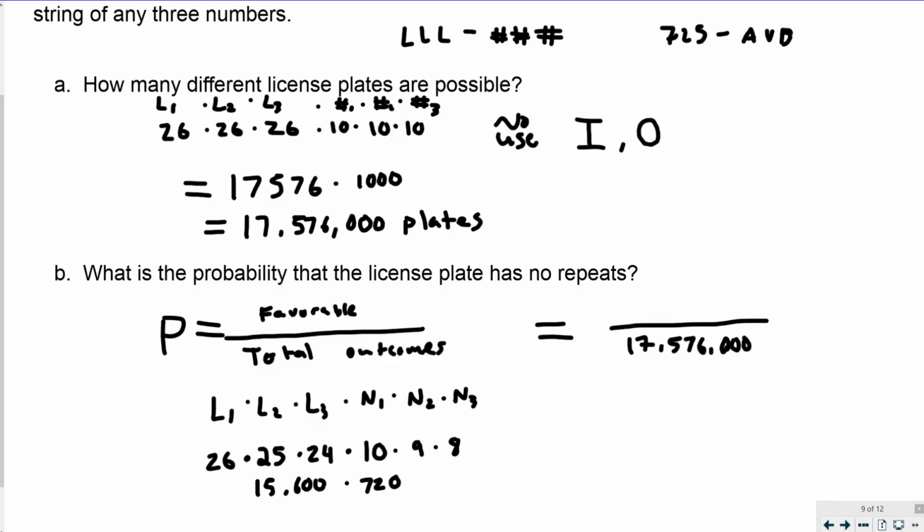So you're going to go ahead and multiply 15,600 times 720, and that is a total of 11,232,000. So that is going to be the number of license plates that contain no repeats, which is our favorable outcomes. So then what we're going to do is divide those two.